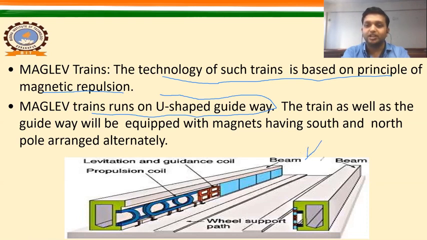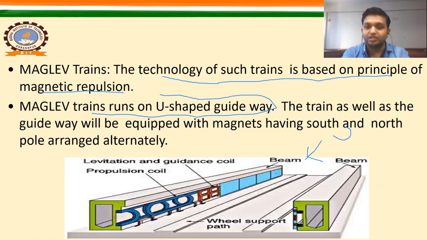Okay, these maglev trains work on the principle of magnetic repulsion, as well as running on the U-shaped guideway. The train as well as the guideway will be equipped with magnets having south and north poles arranged alternately, right?